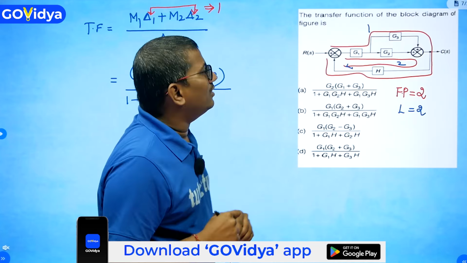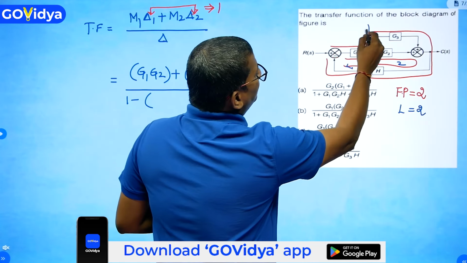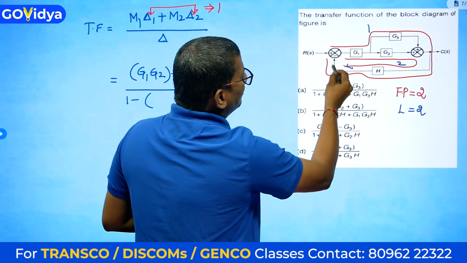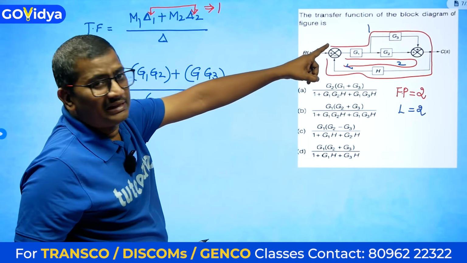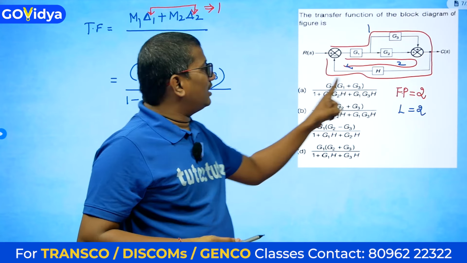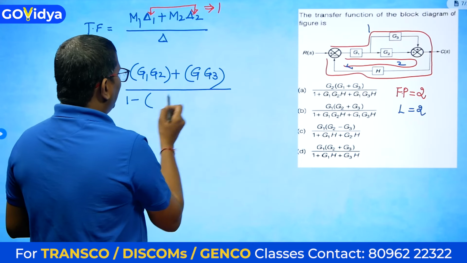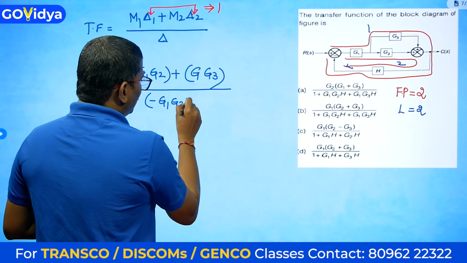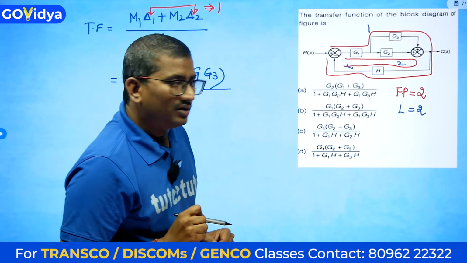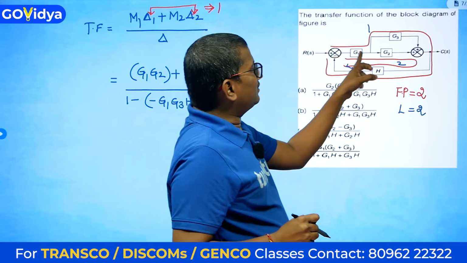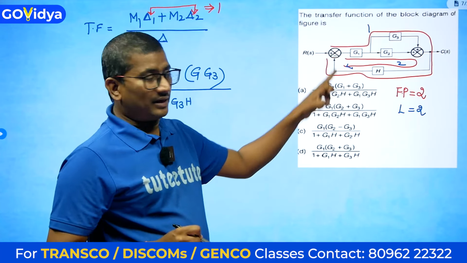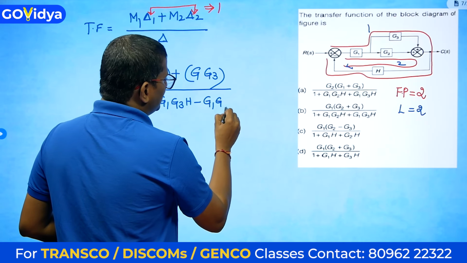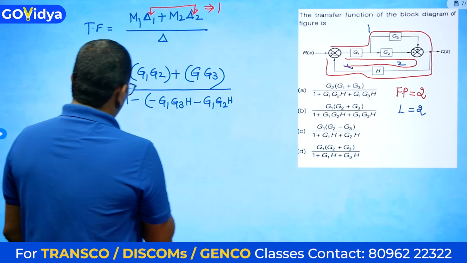What is the first loop gain? You see here, this is loop 1. It goes like this and comes back like this: G1, G3 and H, with a negative sign, so minus G1 G3 H. Another one is G1 G2 and H. Both are negative feedback, so minus G1 G2 H. Now simplify this.